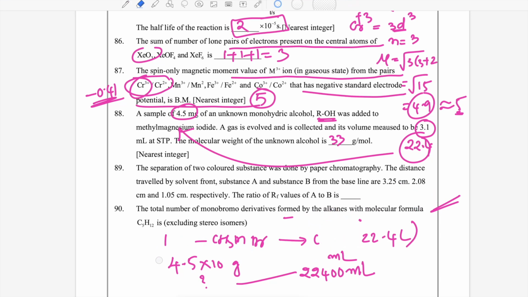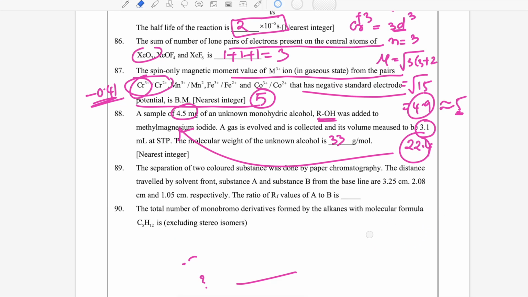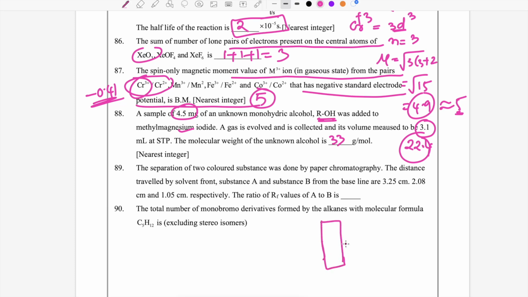Right, so we'll move to the next question, the 89th question. We have two separated reactions given to us. This is a chromatography question, so we have a chromatogram here. The solvent front has traveled about 3.25, A has traveled about 2.08 and B has traveled about 1.05.